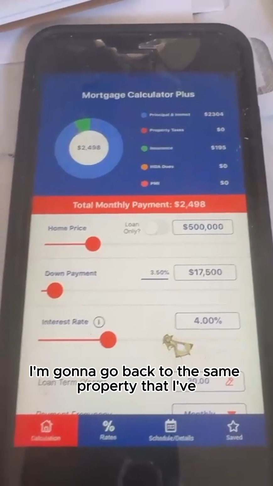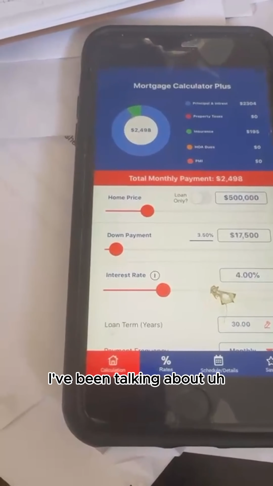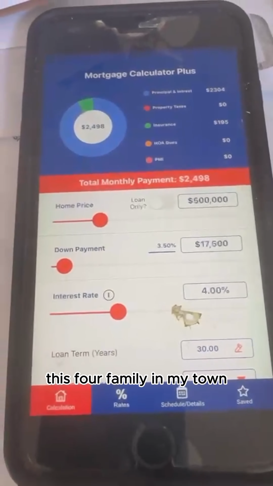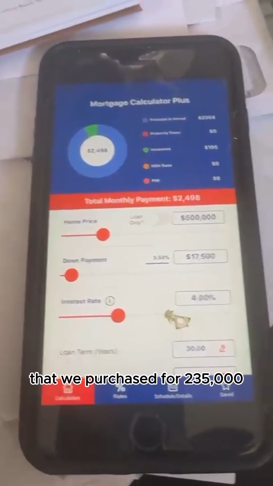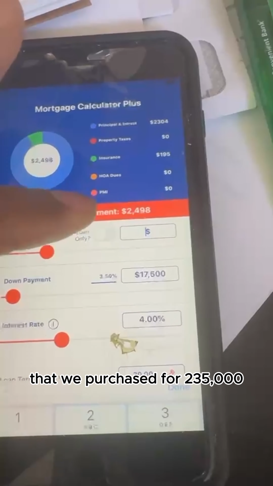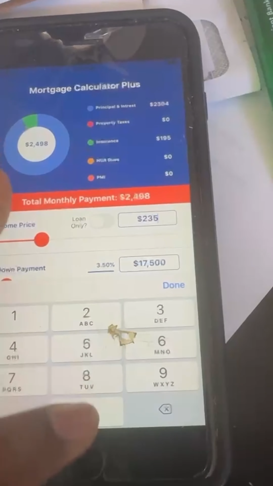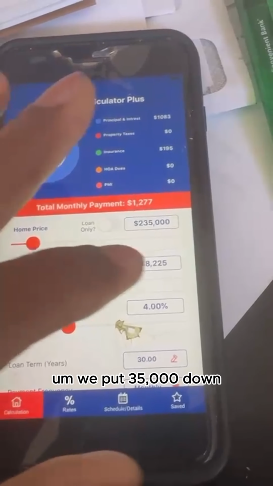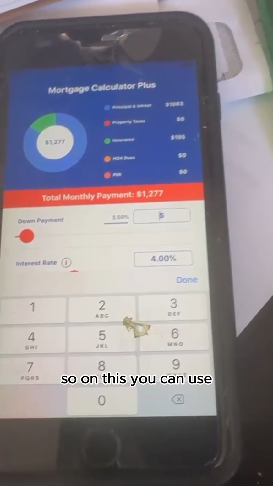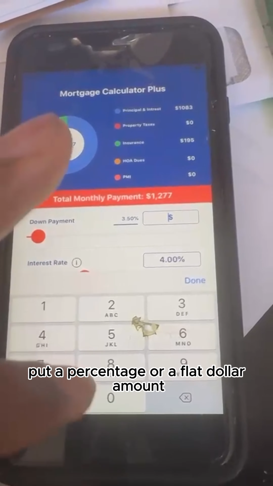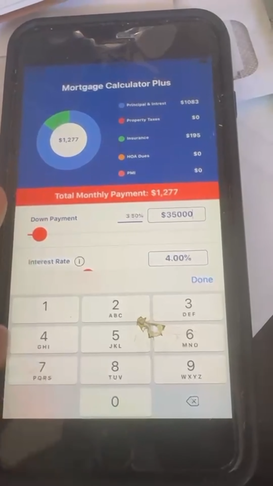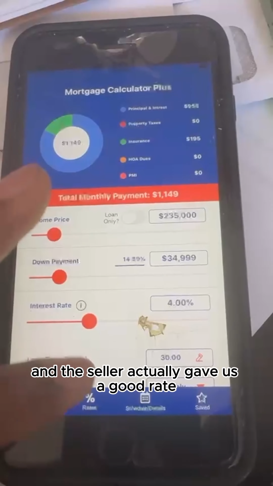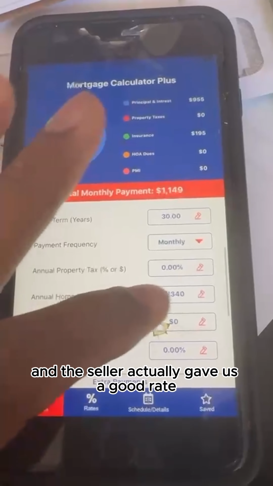For this illustration, I'm going to go back to the same property that I've been talking about. This 4-family in my town that we purchased for $235,000. We put $35,000 down. So in this, you can put a percentage or a flat dollar amount. And the seller actually gave us a good rate.